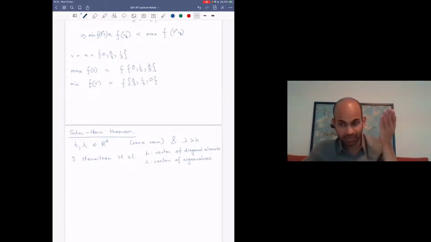So given any two vectors where one majorizes the other, you can always find a Hermitian matrix such that one of the vectors is the eigenvalues of that matrix and the other is the diagonal elements.